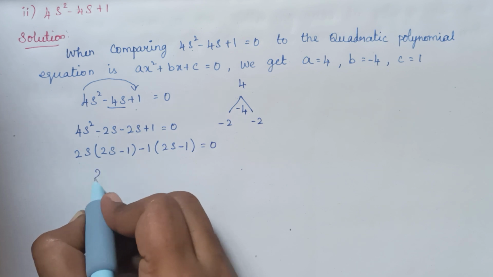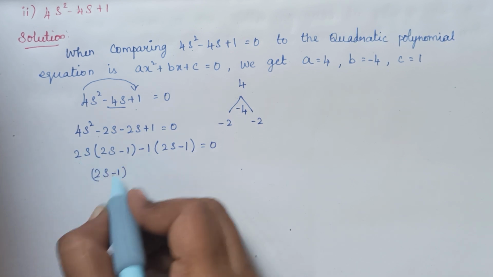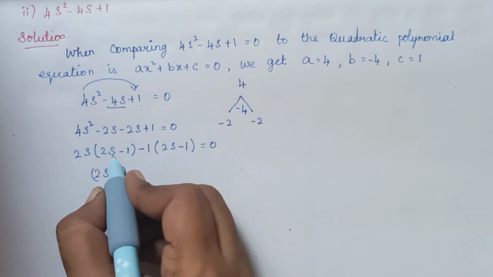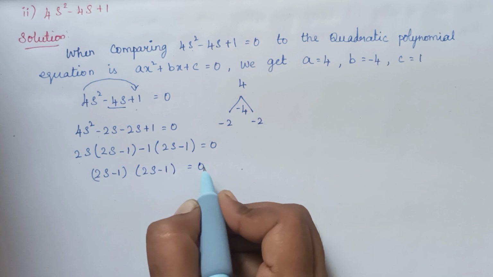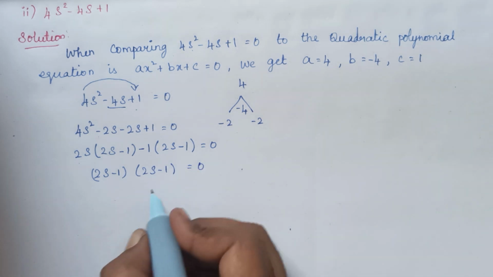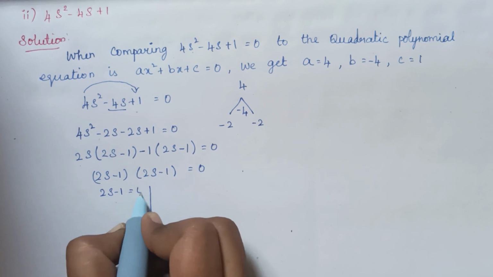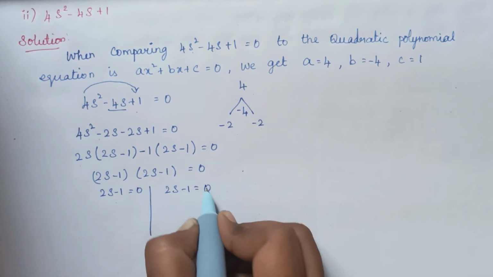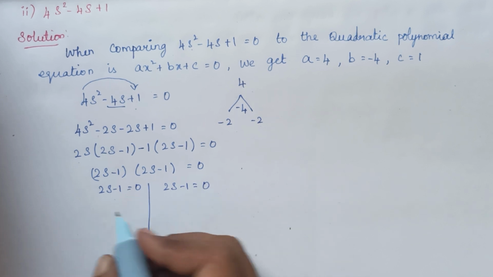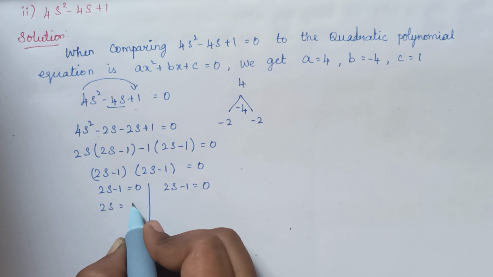Now 2s minus 1 is one term, and here 2s minus 1 is one term, so commonly we can write 2s minus 1 is equal to 0. As usual we take 2s minus 1 is equal to 0 for each factor, separately. So 2s is equal to minus 1, which comes this side as plus 1.